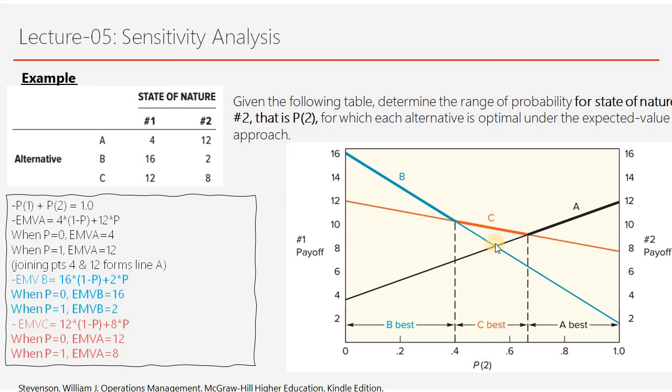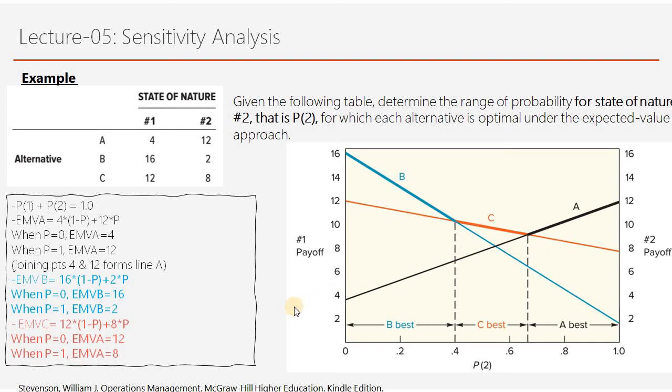So we are interested in getting the maximum payoff. So this point, which is lower than these 2 points, does not change the decision, so we are not interested in calculating it. So it's better for me to look at the highest 2 lines in the graph and get their intersection. So here, this point and this point will determine the ranges that I have.